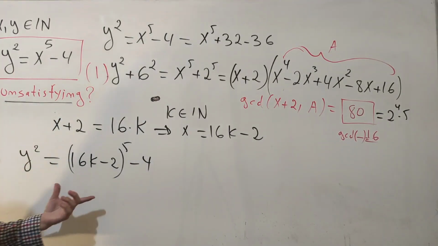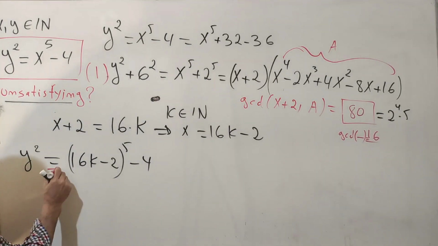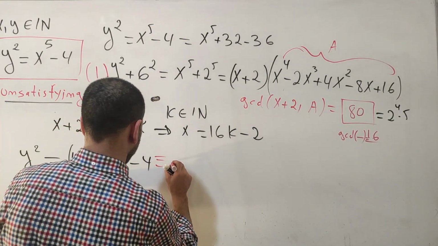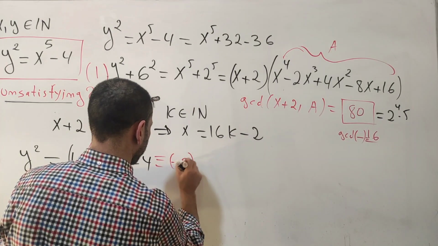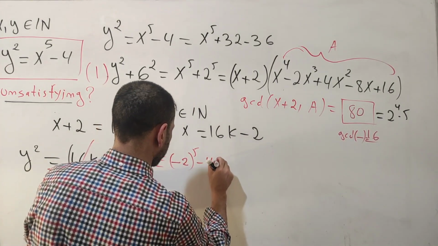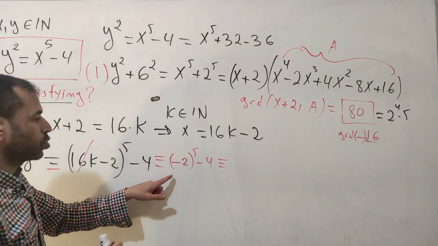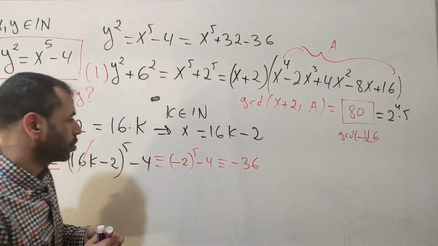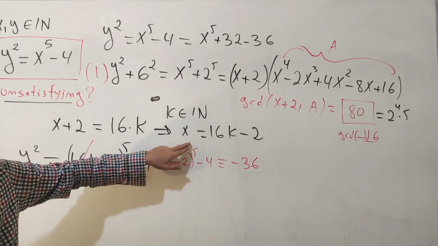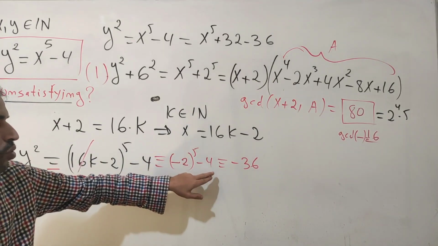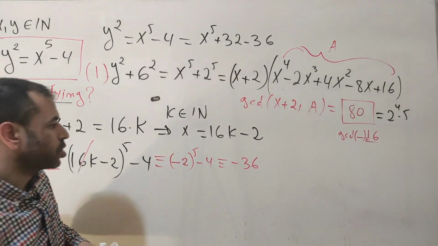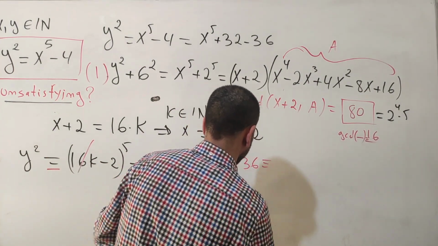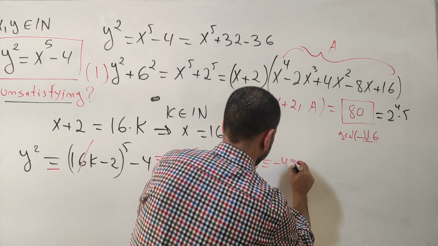Now I'm going to reduce this equation mod 16. This one will be congruent to 0. I will be left with minus 2 to the fifth minus 4, which is congruent to minus 36, because minus 2 to the fifth becomes minus 32, plus minus 4, which is minus 36. Minus 36 is congruent to minus 4 mod 16.